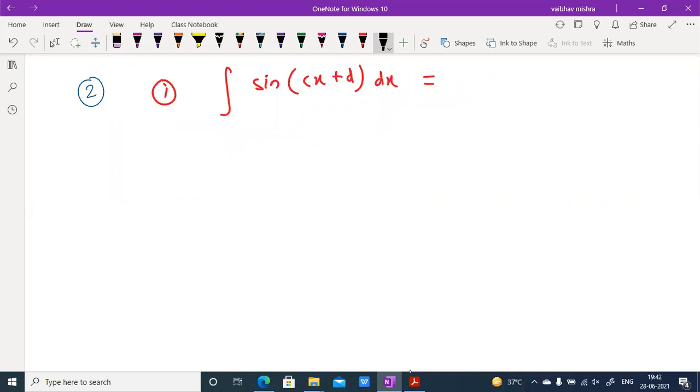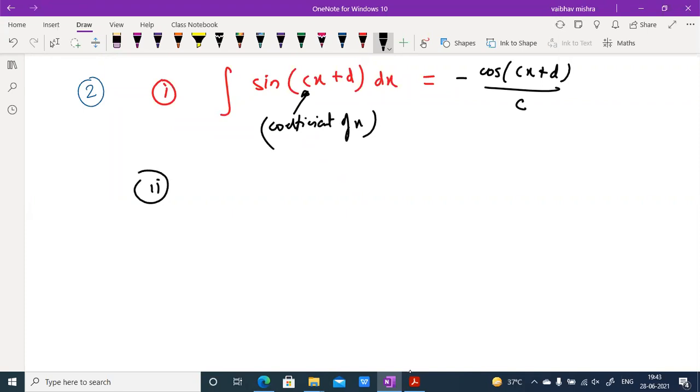So sin cx plus d should be minus cos cx plus d upon c only. We'll divide only by the coefficient. Ideally, we should put one constant also, but we can ignore that constant because in physics we don't have that problem. We always have to integrate with the limit. So we'll apply the limit and we'll get the final value.